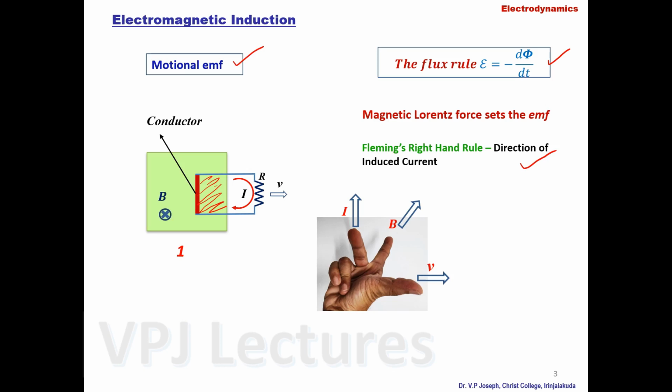In that case, what we are doing is stretching the forefinger, middle finger, and thumb of the right hand in mutually perpendicular directions. The thumb points in the direction of movement of the circuit with velocity v, B is in the direction of the forefinger, and then the induced current will be as represented by the middle finger.